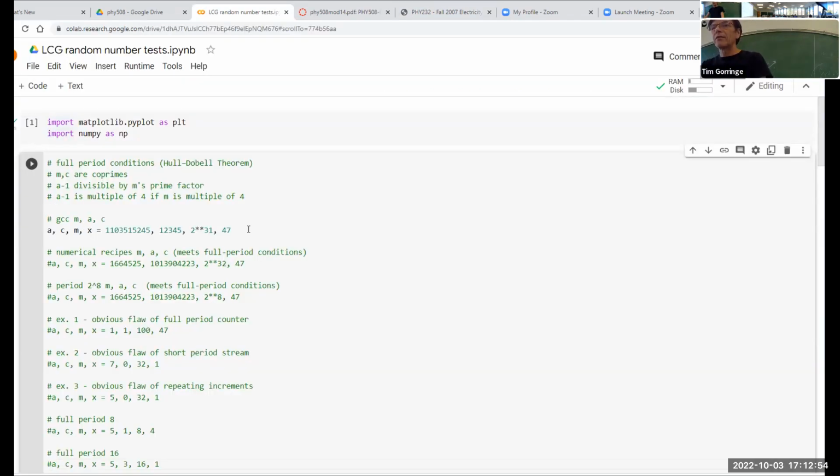Here is a set, so these numbers in that table are from glibc, I think, or GCC. I just picked those numbers, and I got another set of numbers in here that are from, what was the other? Numerical Recipes.